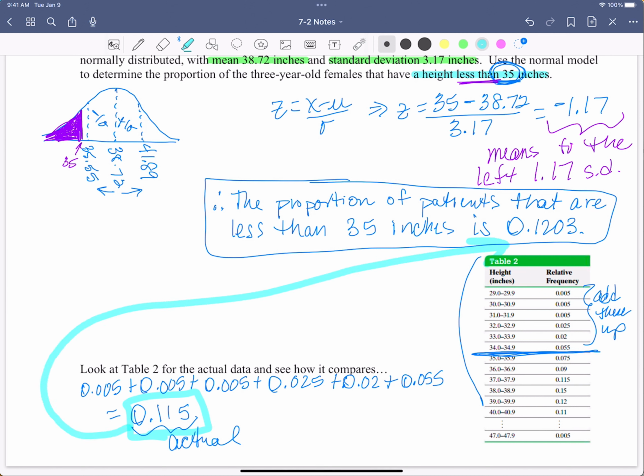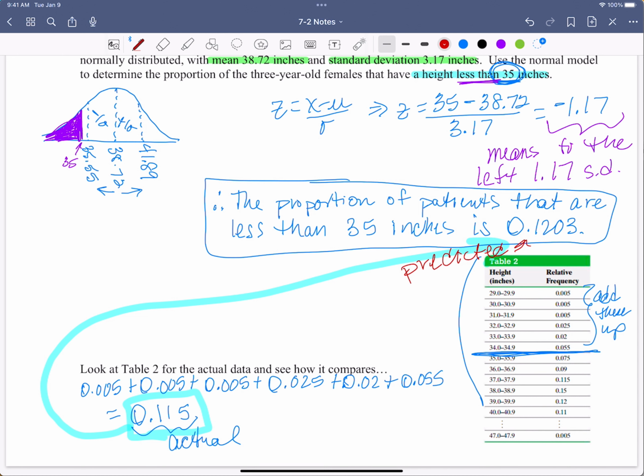This is predicted based on the information that I have, just like any bell curve, right?